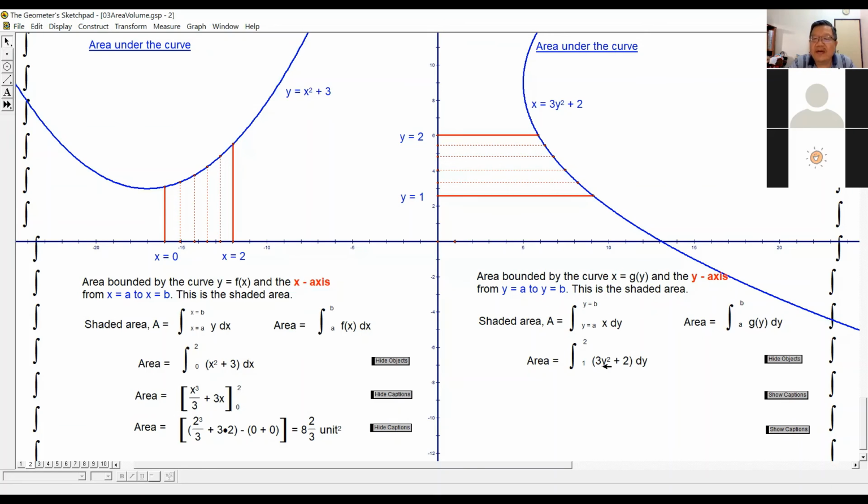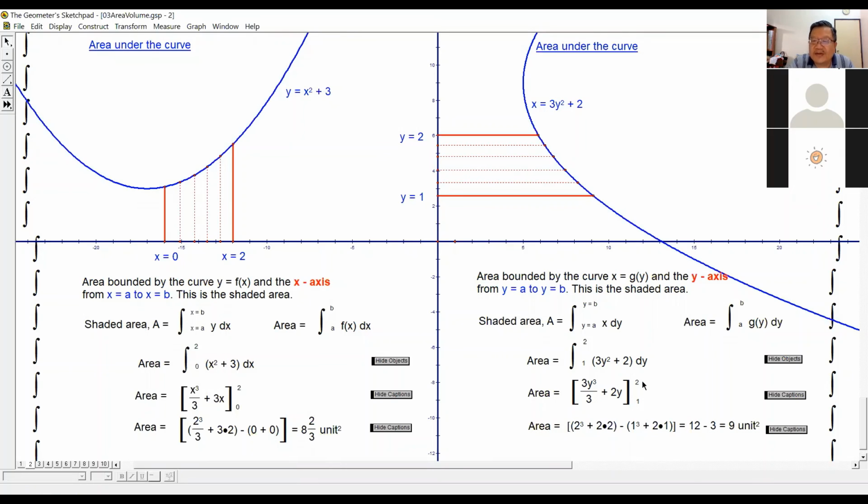So how to integrate 3y squared? 3y squared is 3y cubed over 3, right? So it's 3y cubed over 3, then 2, integrate 2 becomes 2y. Okay, you integrate as usual. The only difference is the variables, they are now y, they are not x anymore. Okay.